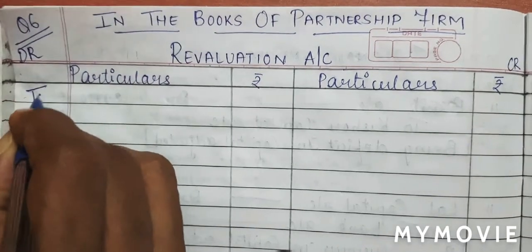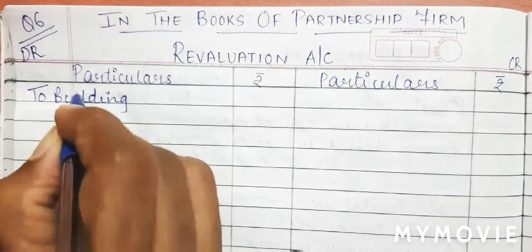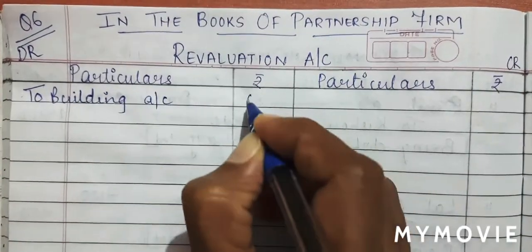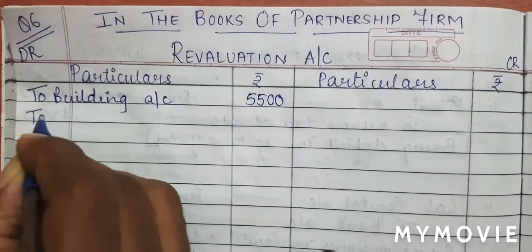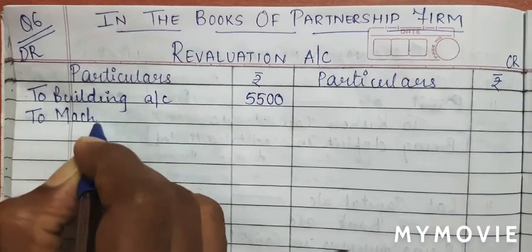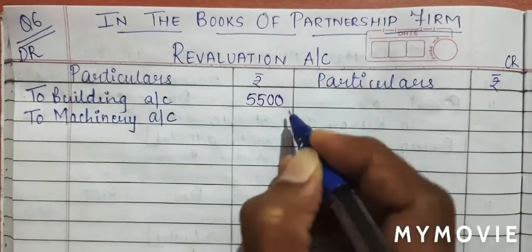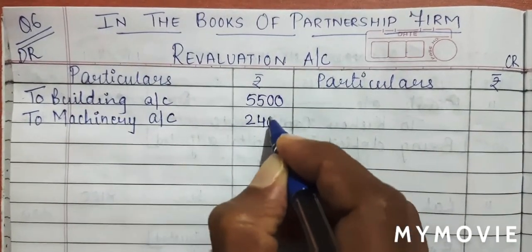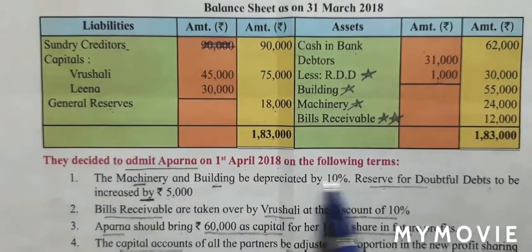So I'll write to building account 5,500, to machinery account 2,400.